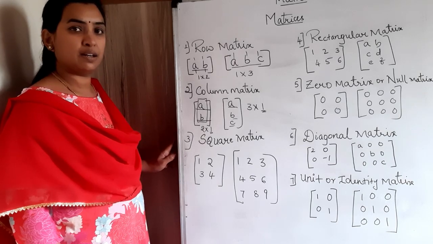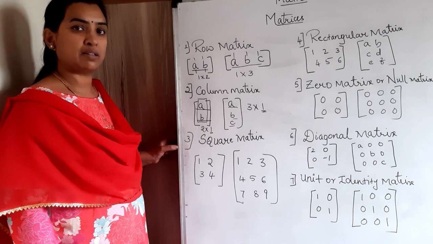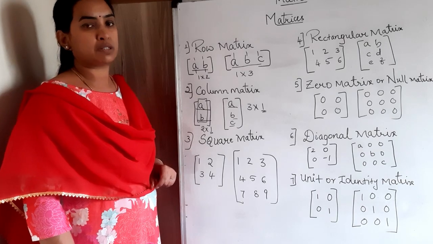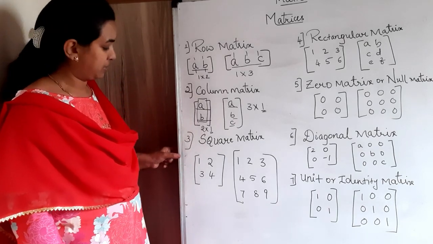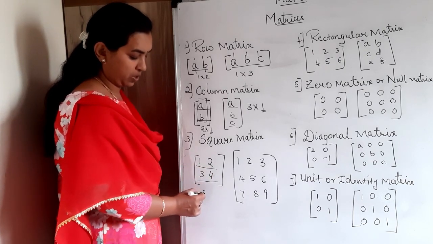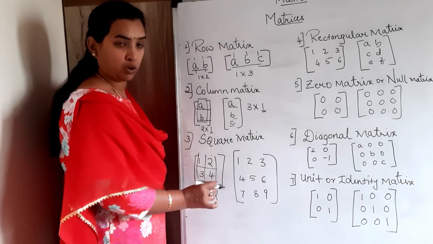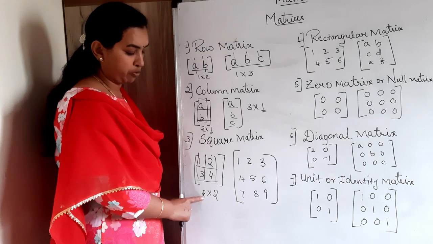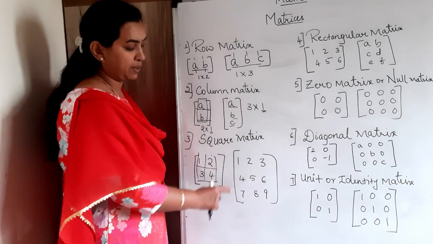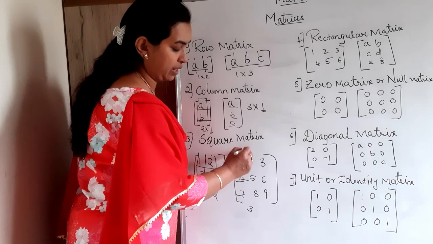The third one is the square matrix. For a matrix to be a square matrix, the number of rows must be equal to the number of columns. Okay. Say in this example, there are 2 rows and 2 columns. So it is 2 cross 2. Here the number of rows is equal to the number of columns. Similarly, in this example, there are 3 rows and 3 columns.